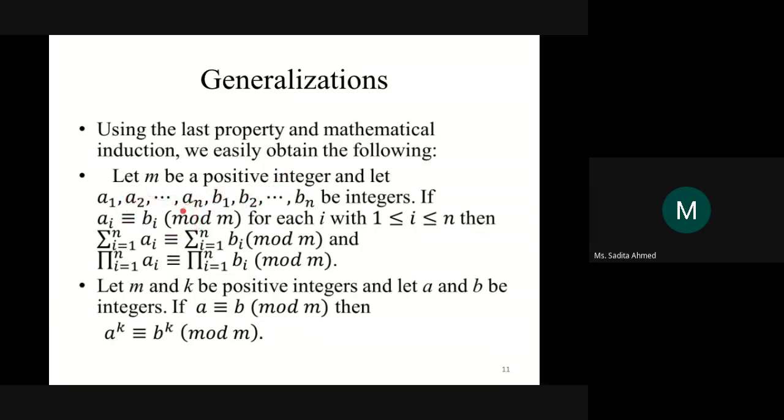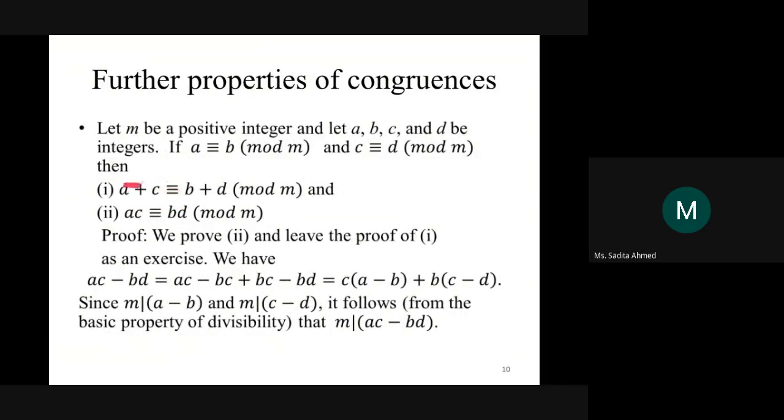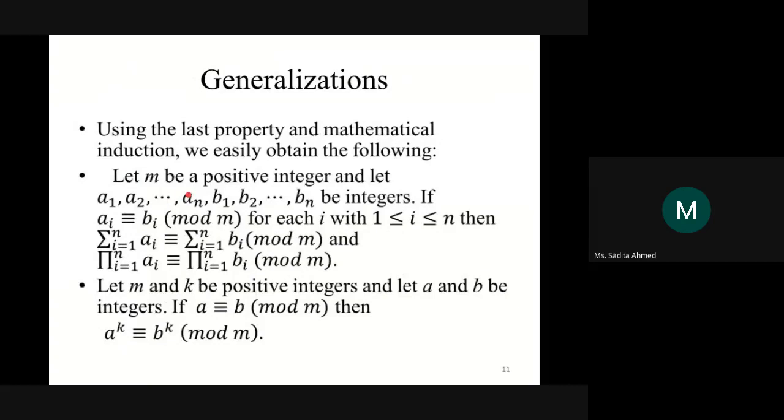If each of these numbers in these two sets are pairwise congruent to each other with the same mod, in that case, using the first property, the summation property, we can say that the summation of all the A terms is congruent to the summation of all the B terms, right? That is, the summation of all the left-hand side is congruent to the summation of all the right-hand side, mod m, okay?